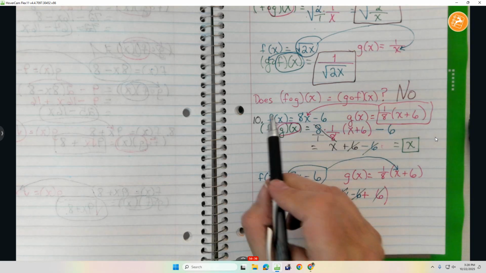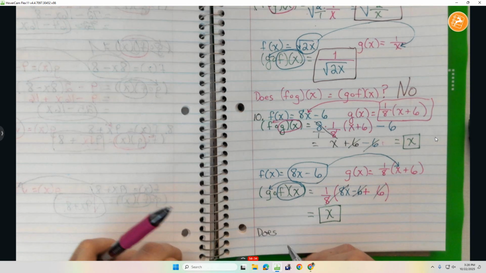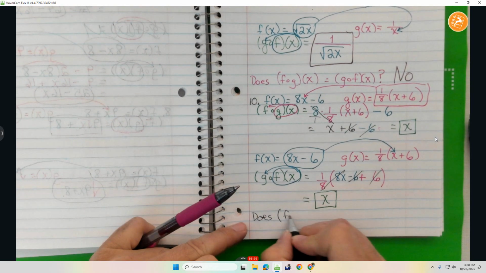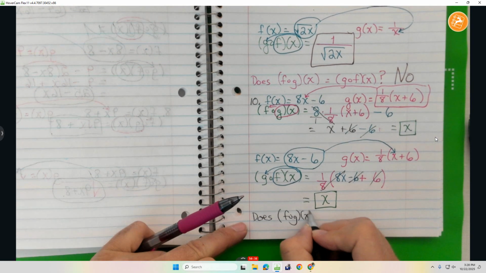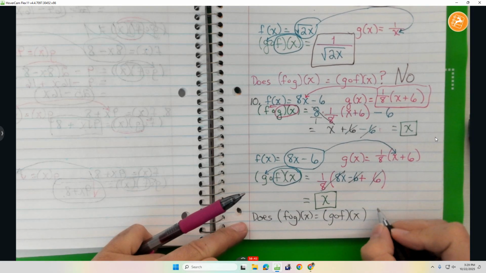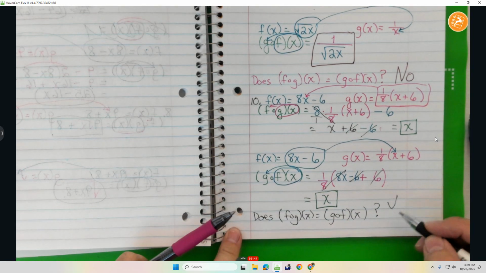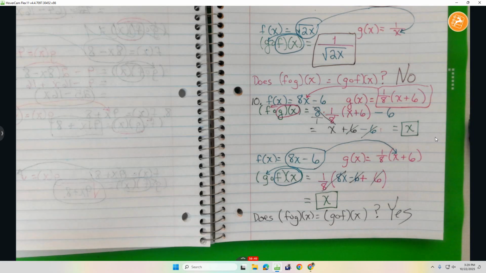Now when we ask the question, does f of g of x equal g of f of x? Yes or no? Yes. A week from today, we'll give these type of functions a name.